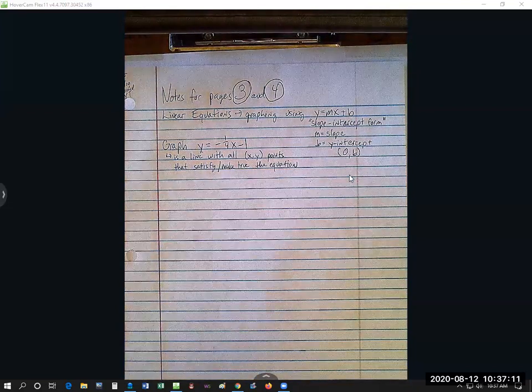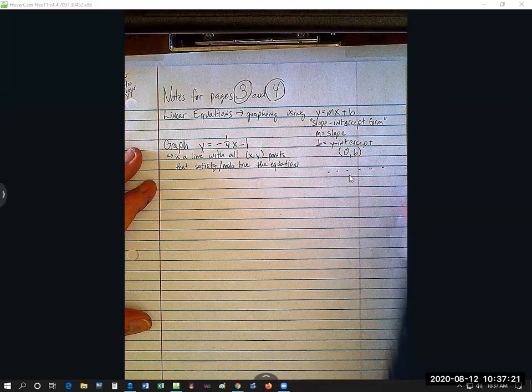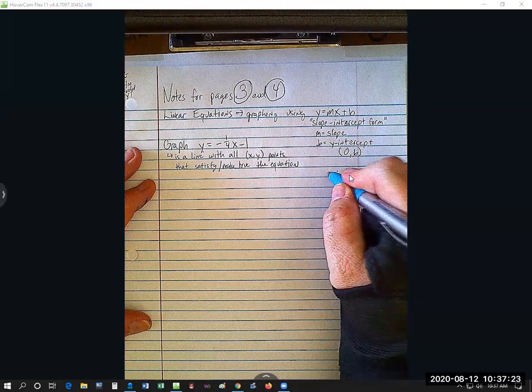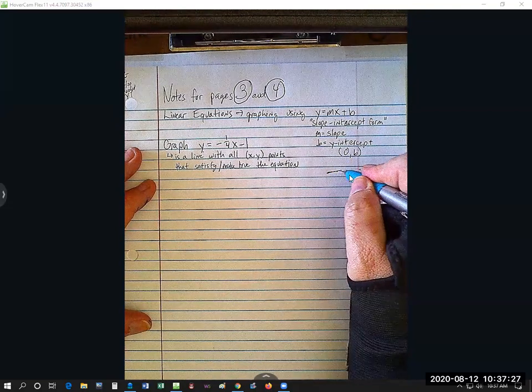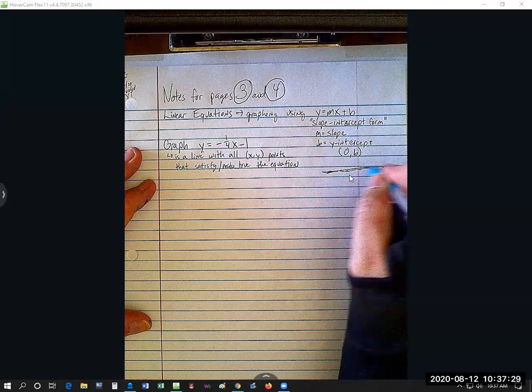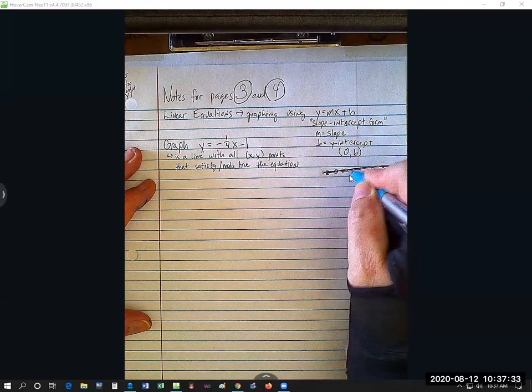So we're going to create this line with all of these points. Remember that a line has infinitely many points. If you want to draw a line, you only need to connect 2 points. Bam, there's your line. But when you think about that line going all the way across, and I'm sorry, this is kind of messy, there are countless points.